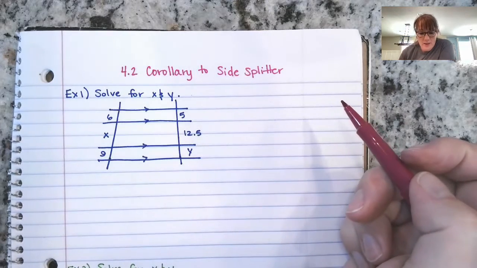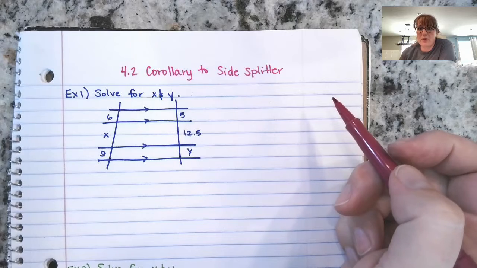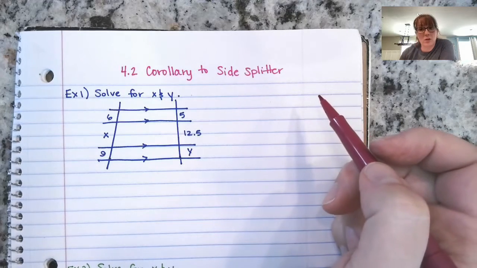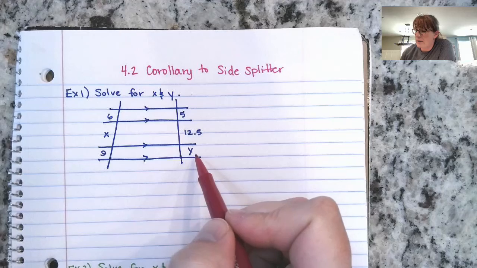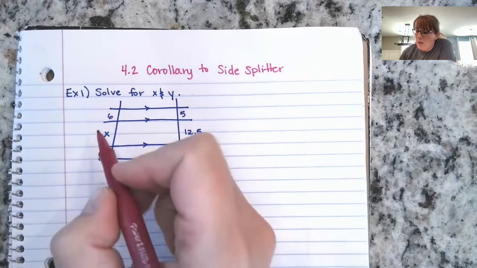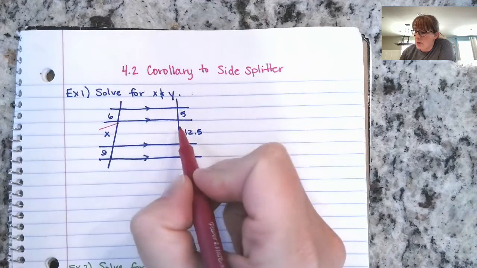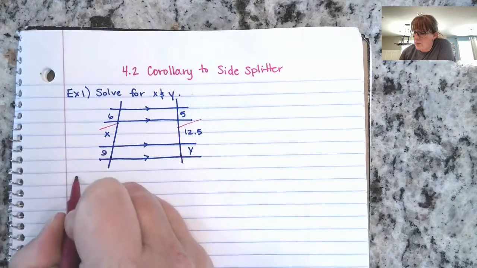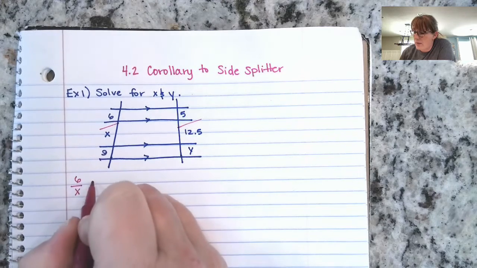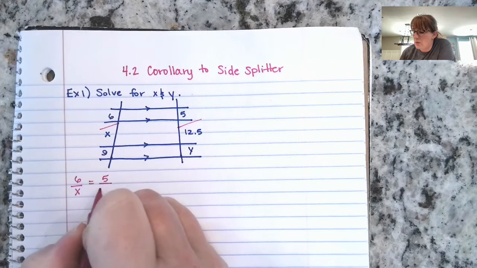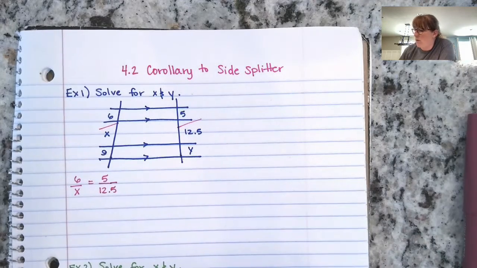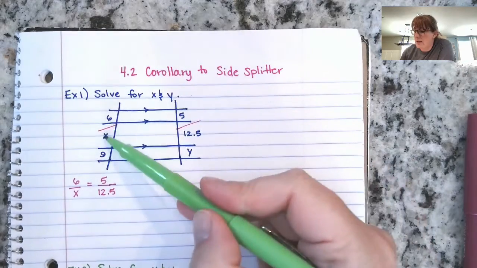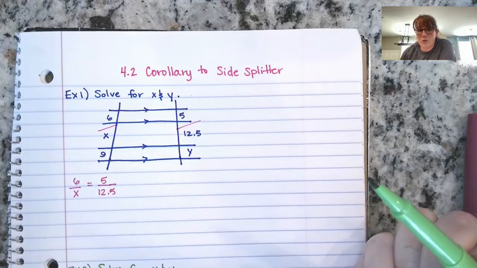So for us, we want to set up several different proportions, and we can do it lots of different ways, obviously, like we've talked about, to try to solve for x and y. Okay, so like I have been doing on the last one, I saw those fractions. So let's start by setting up one fraction and look at the fractions to see which ones are easiest to solve for. So we have 6 over x and 5 over 12, which works.